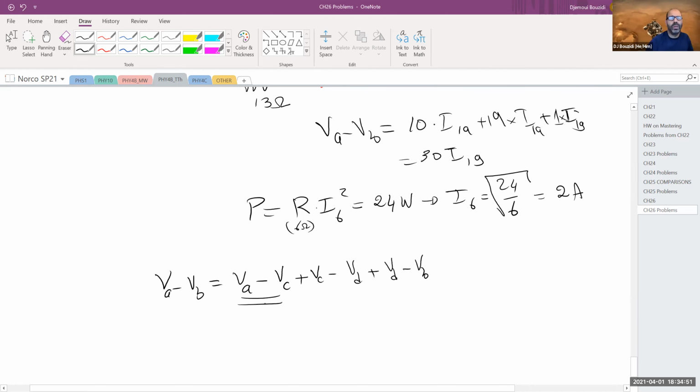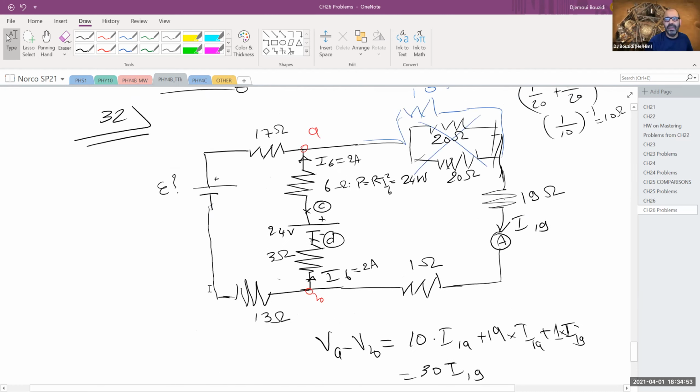So point A must be at a lower potential than C. That's the reason why the current is flowing this way. It must be less because of the fact that the current is flowing. So C is at a higher potential than A. If I'm going this way, I'm actually rising in potential, what caused the current to flow in that direction.